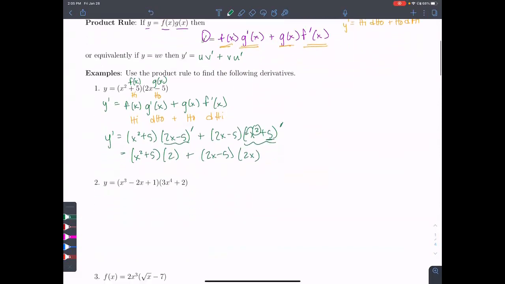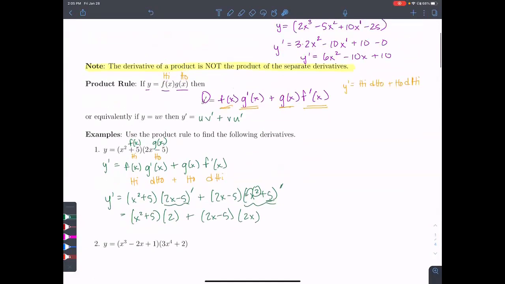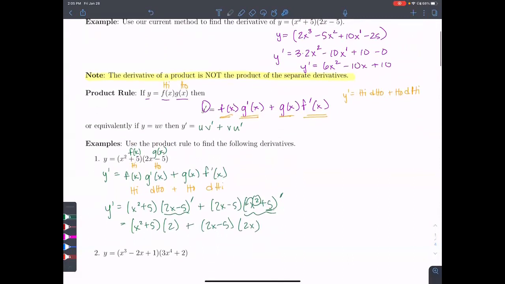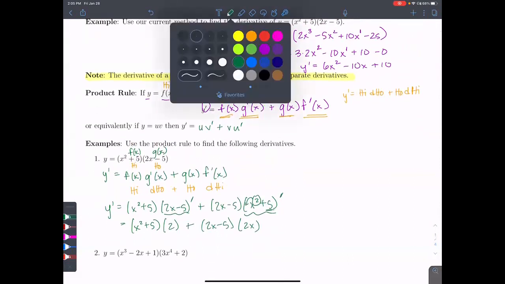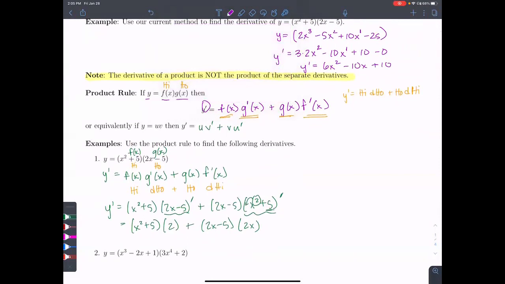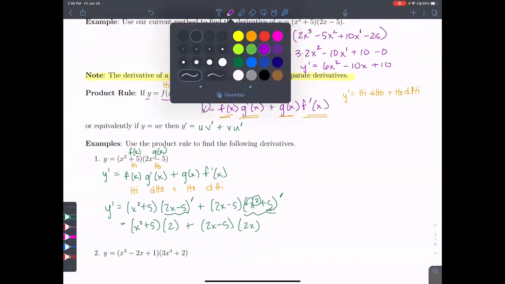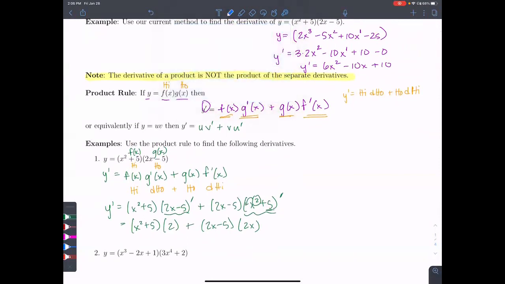Okay, so in Hawks, you can leave this like this, no need to simplify. But if we wanted to make sure we got the same thing that we did up there for our own good measure, let's switch to purple. So if you were to keep going with this, this would be 2x squared plus 10 plus 4x squared minus 10x.